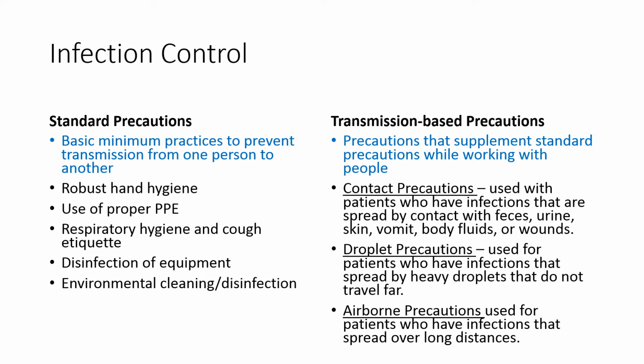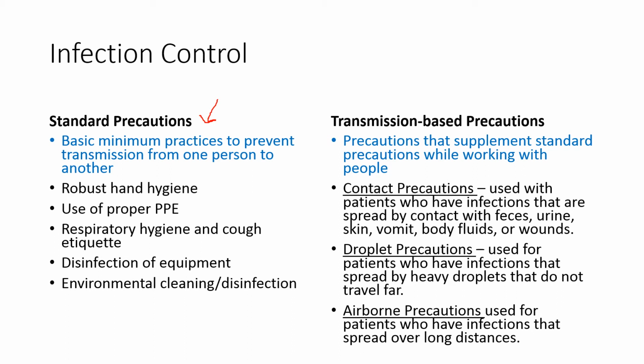Standard precautions are the basic minimum practices necessary to prevent transmission from one person to another. And these precautions include, but are not limited to, robust hand hygiene, so that means properly washing your hands when you enter a room and before you leave, certainly before you touch a patient, and after you've touched a patient.